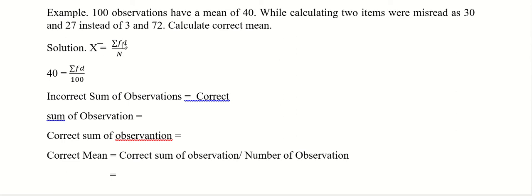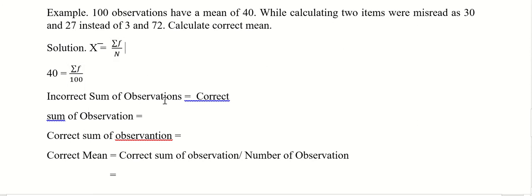Here I have written FD. You can just write sum of frequency only. That would be fine, right? Because we are following the individual series and simple method. So mean equals sum of observations divided by number of observations. Summation of f is the sum of observations, and n is the number of observations.